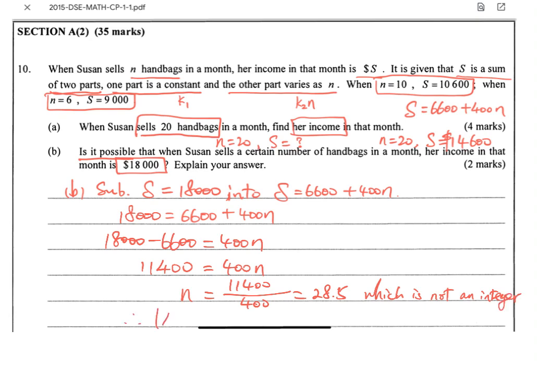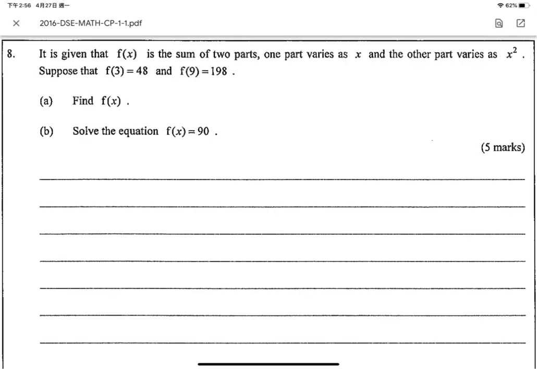Therefore, it is impossible for Suzanne to get $18,000. Okay, that's it. So this fifth example is quite similar, I think, to the second example.